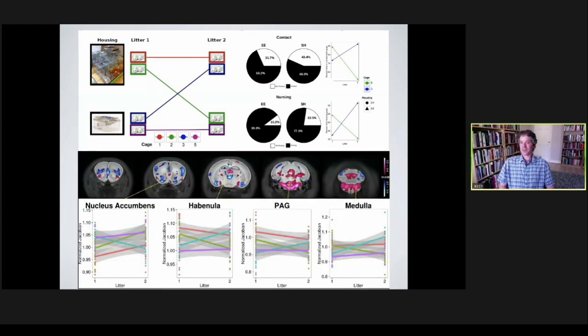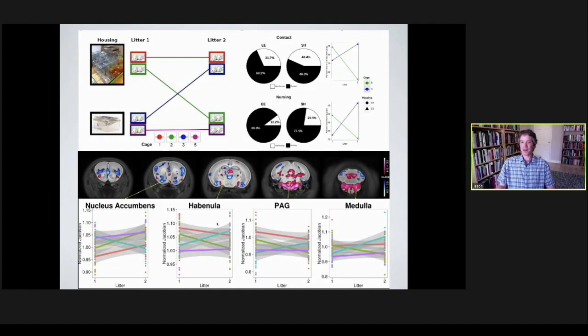And brain volume across these 2 litters follows the same pattern. In multiple areas, if we look at the accumbens as an example, the volume is largest in the mice that are in standard housing, which stays constant if they stay in standard housing. If they start in enriched housing, the volume is smaller, which stays constant if they stay in enriched housing, or it crosses over if you switch from enriched to standard housing across the 2 litters.